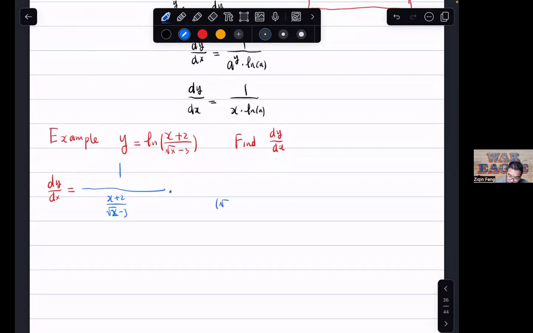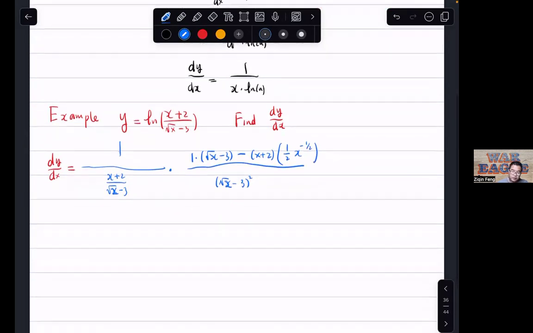You get (root x minus 3) squared in the denominator. Then the derivative of the numerator, which is 1 times root x minus 3, minus (x plus 2) times the derivative of the second factor, which is 1/2 x to the negative 1/2, right? So that's what we have here.